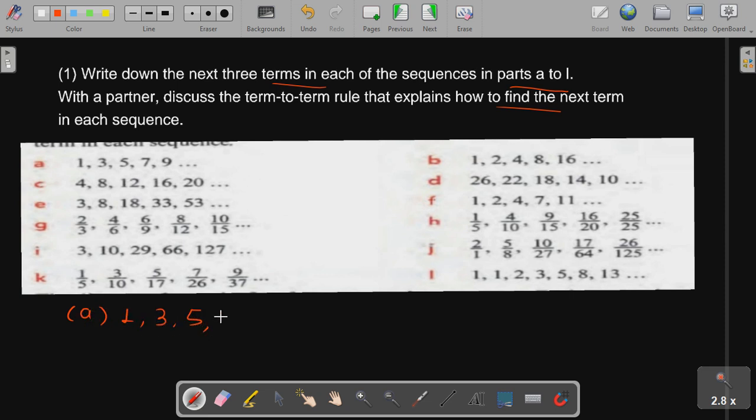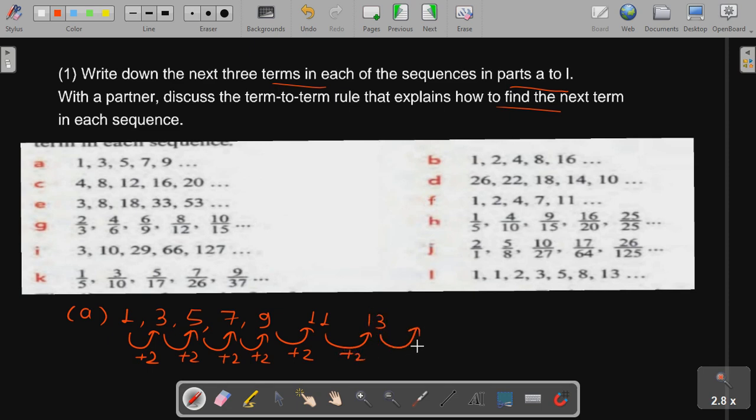Option A: 1, 3, 5, 7 and 9. Okay, so we can see that if we add 2 to this one, we get the next term. We add plus 2, we get 5, and we also add plus 2 for the next term.